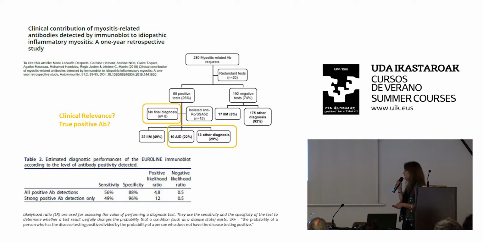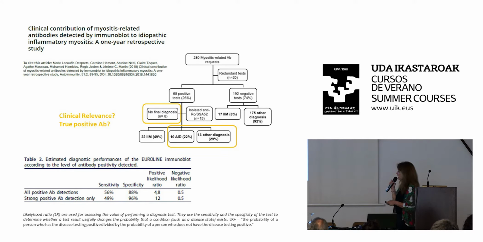The likelihood ratio is the way to analyze the performance of the test: you find the antibody in the patients that suffer from the disease, but you don't find the antibody in patients who don't suffer from the disease. So the likelihood ratio is quite poor when you detect autoantibodies directed against myositis-specific antibodies.